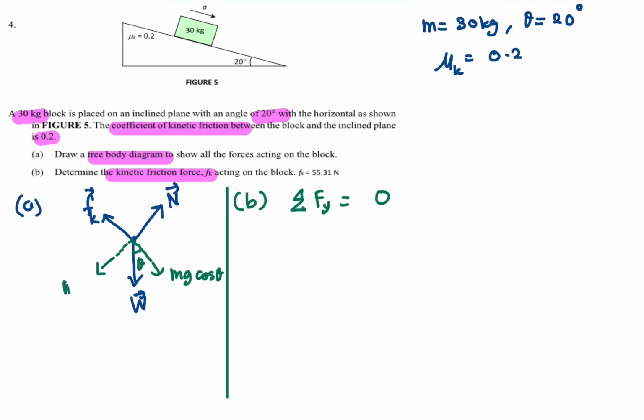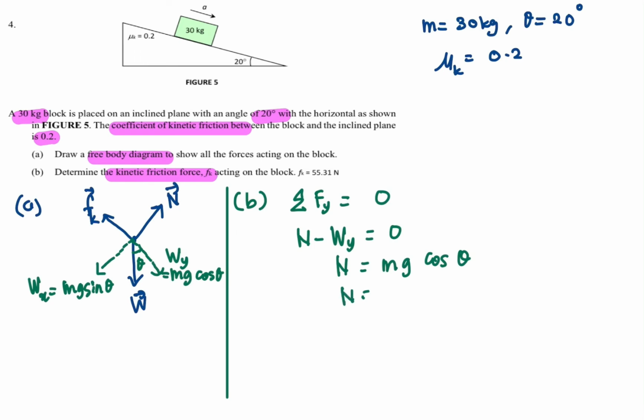So this is for wy, and then this is for wx. Okay, so summation fy, n minus wy will be equal to 0, where n will be equal to mg cos theta. So you can calculate your n actually, n will be equal to 30 times 9.81 times cos 20 degree.